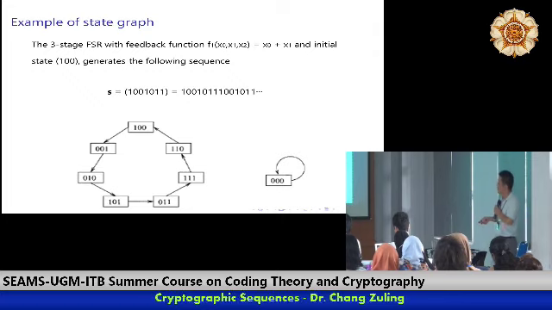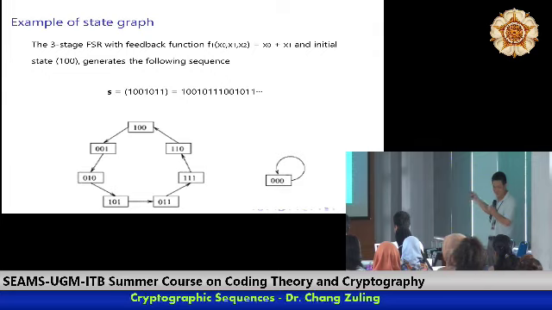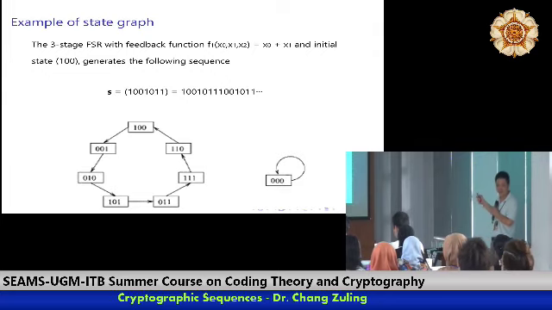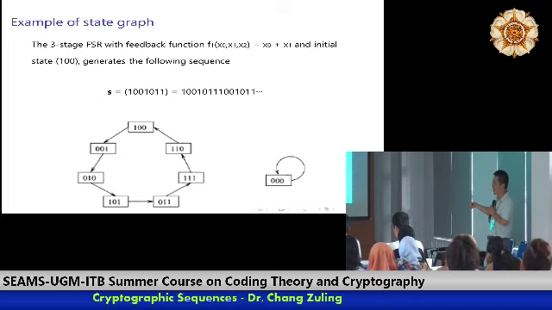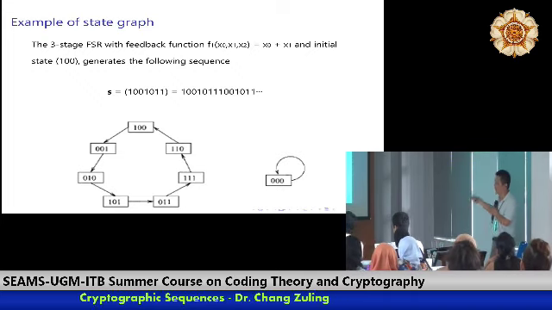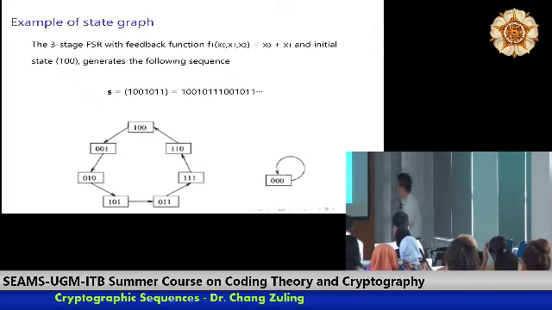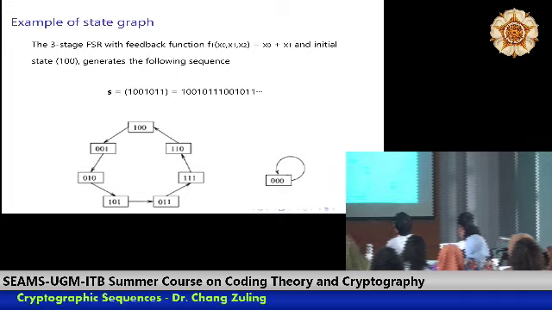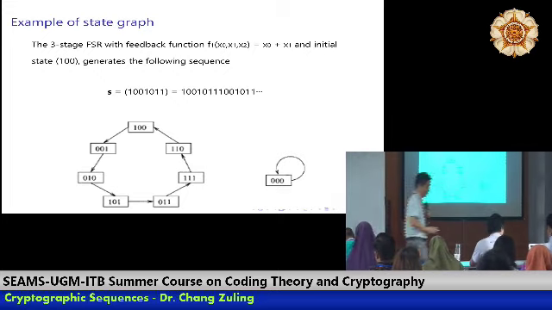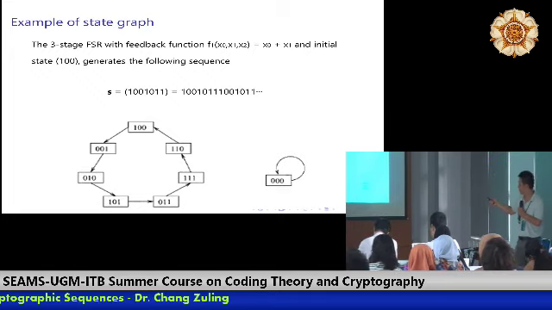But if we take the initial state 0 0 0, the next bit will also be 0, so this is a cycle with only one element. We call it a loop. So the left one is a cycle and the next one is a loop. That is the state graph.